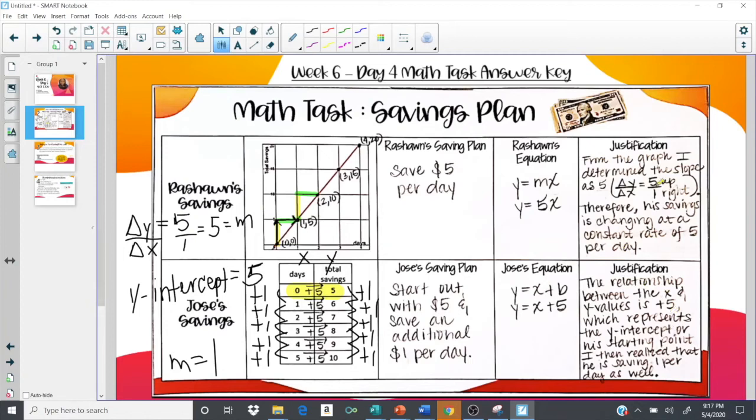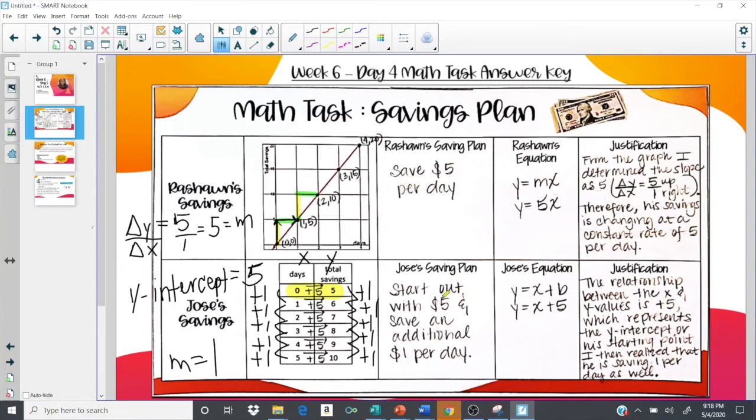As long as for your justification you wrote out your explanation using clear sentences, you should be fine. But for the savings plan, that basically represents a verbal description. For Rayshawn's plan, you should have used a word that represents a constant rate of change.